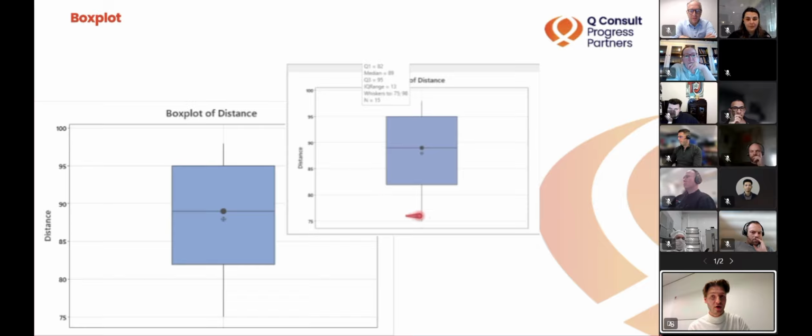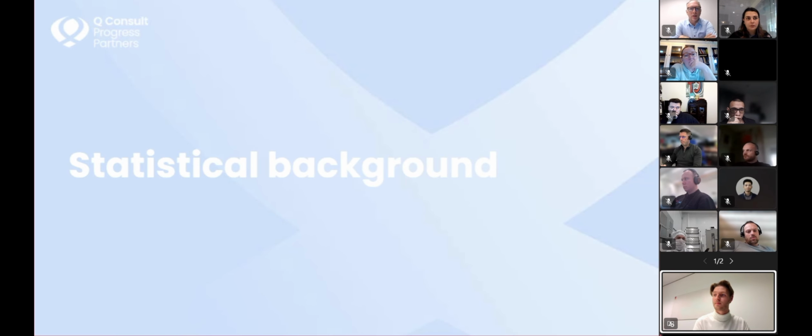So what's the lowest observation and the highest? So 75 and 98. But it will show you what's the variation and how much are laying around the center. I'm not going to dive deeper into the median and the mean, because that's most likely the same for a normal distribution.